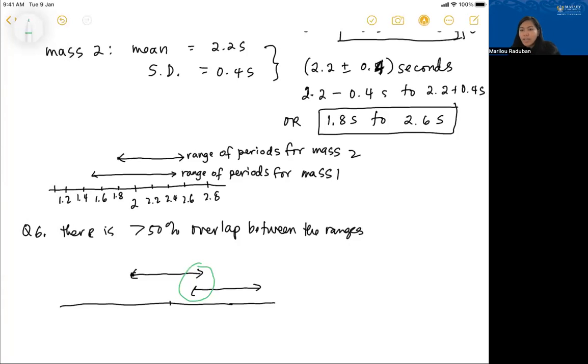Here, the range of periods is 2.06 to 2.18 for mass 2, and 2.03 to 2.23. So it's completely inside, right? 2.06 to 2.18 completely fits inside 2.03 to 2.23. So the fraction of measurements is almost 100%.